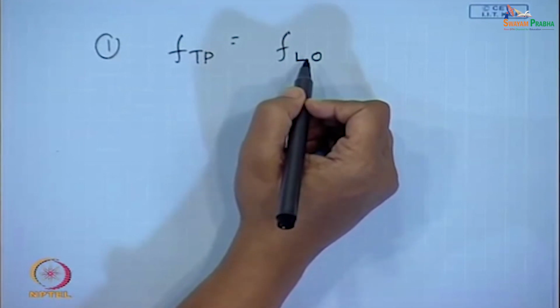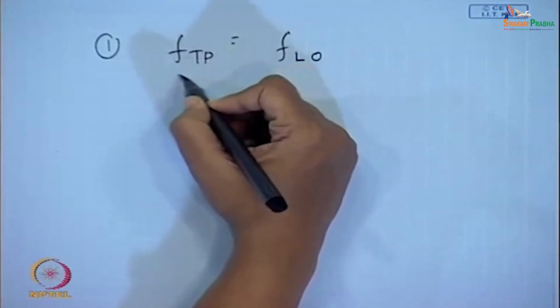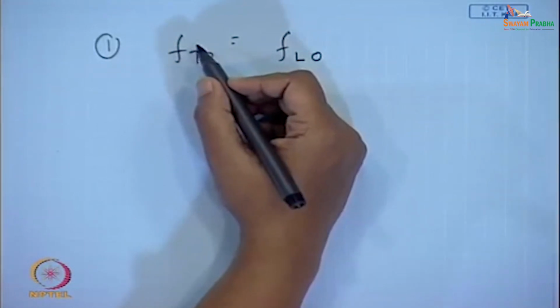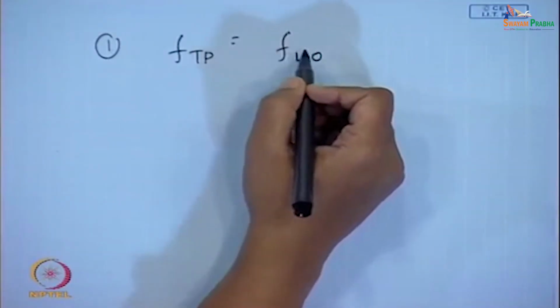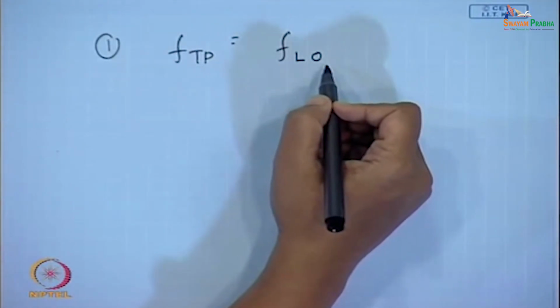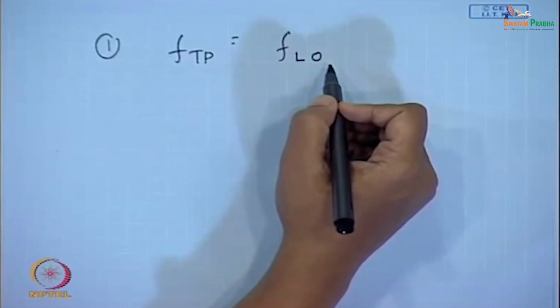Since the vapor quality is very less, we assume that the frictional pressure gradient arises primarily due to the flow of the liquid phase of the two phase mixture. So, under that circumstance we can assume that FTP is equal to FLO. LO means when the liquid of the mixture is flowing alone in the pipe.